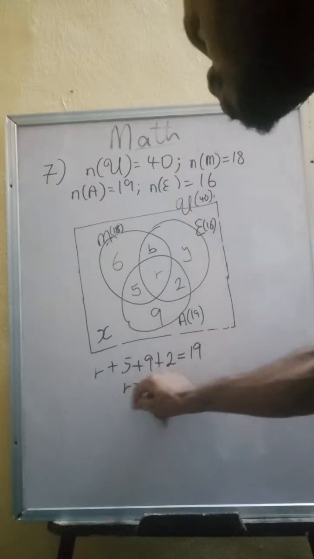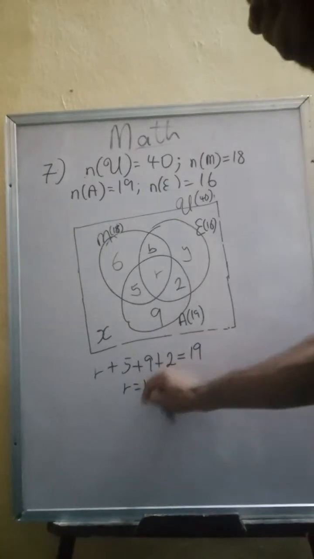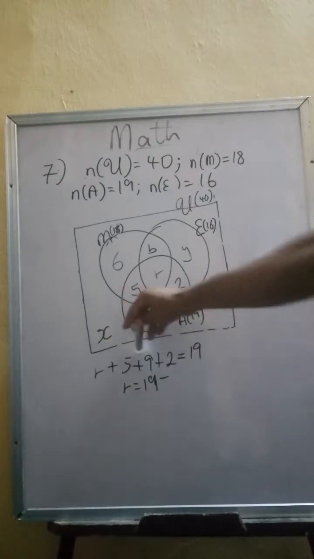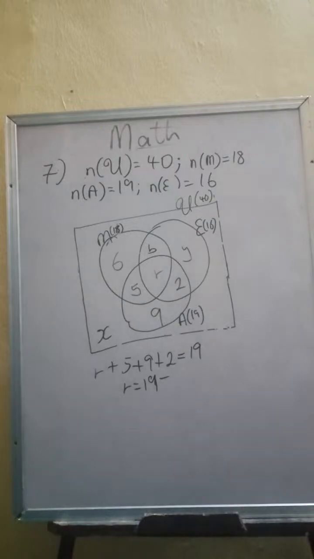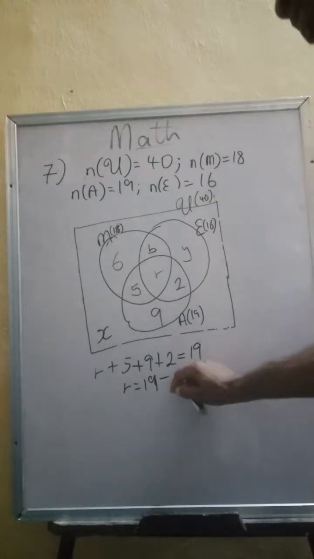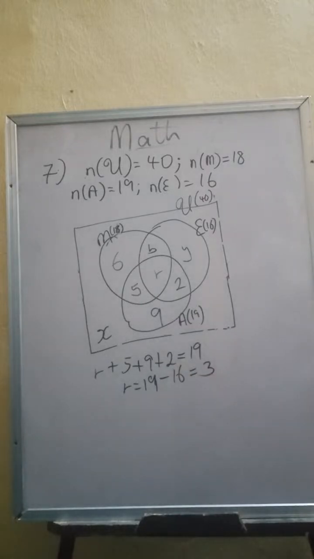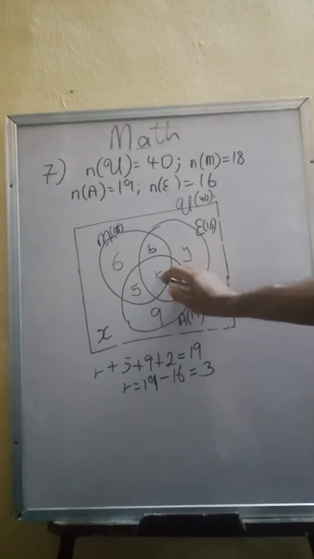So what is R? That is 19 minus the sum of these values. 5 plus 9 is 14 plus 2, 16. So that gives you 3. Now R has been found to be 3.